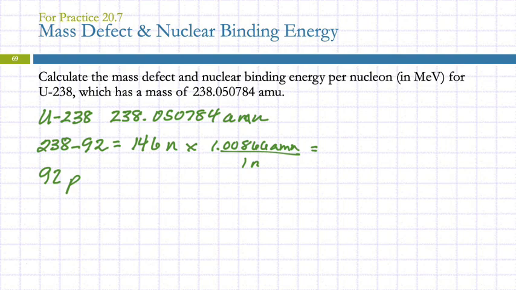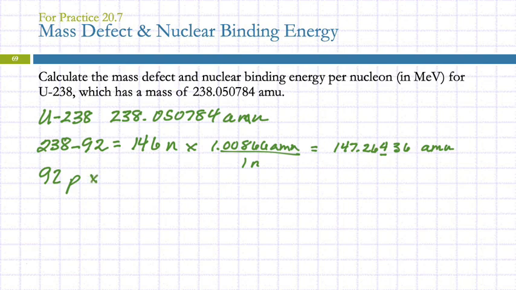So 146 times that is 147.26 and 2, 3, 4, 5, 6 atomic mass units. So if we used 1, we'd have 146. It's actually 147.26.